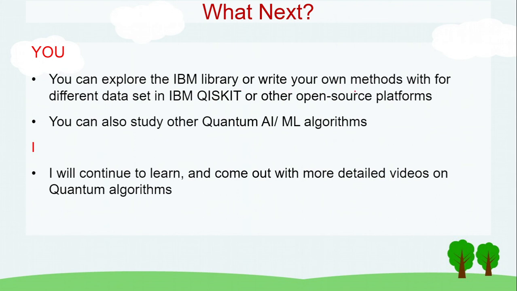Once you get hold of the steps involved, you can try out a different set of data and use the same library or your methods. And then you can also try out other open source platforms like Google and Microsoft. And you can extend to other ML algorithms, like neural networks. That's what I'm going to do.